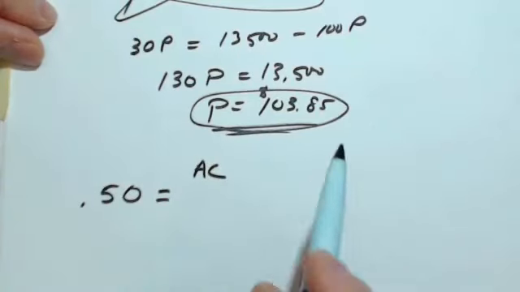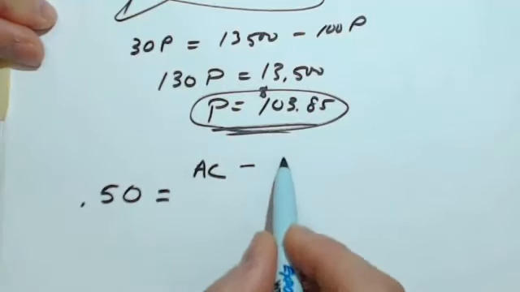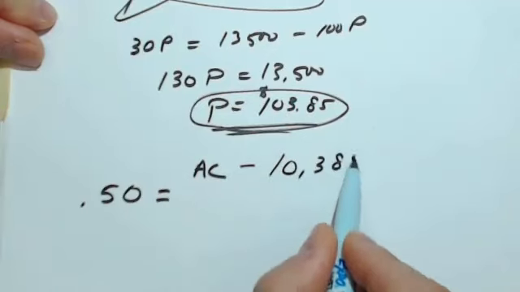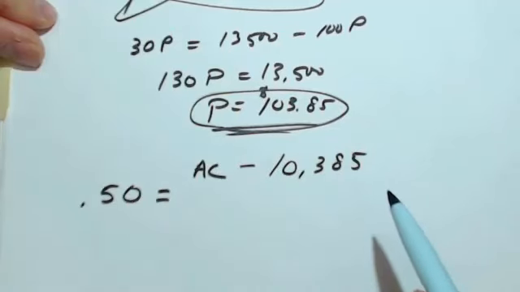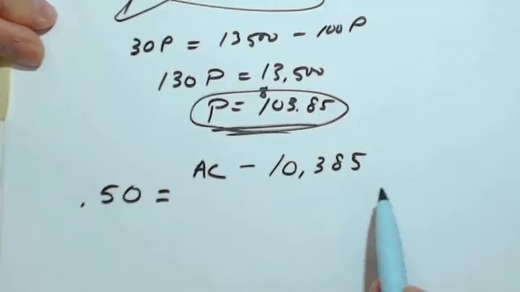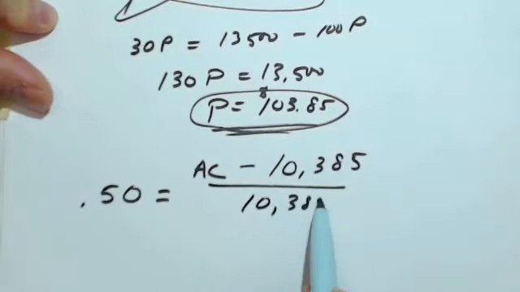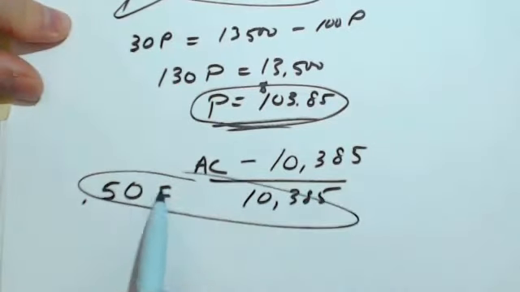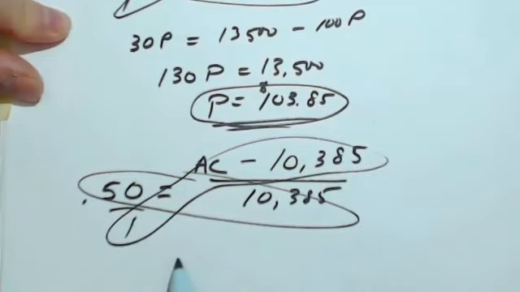Your account balance. You have a liability at this point because the stock went up and it's worth $103.85. So the value of your shares are 10,000. The value of your liability in terms of shares is $10,385. And again, now solve for AC, cross multiply, and set equal.